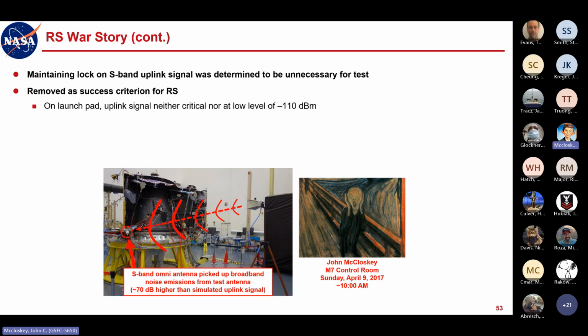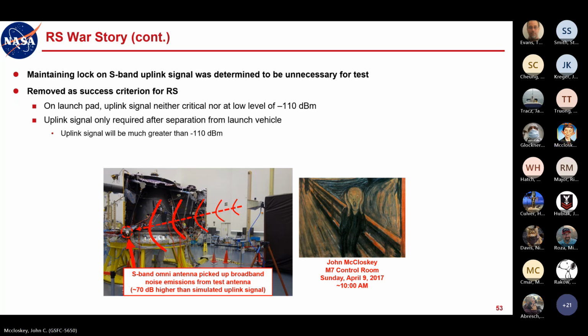Because on the launch pad, the uplink signal is neither critical nor at such a low level of minus 110 dBm. That uplink signal is only required after we separate from the launch vehicle, and that uplink signal will be much greater than minus 110 dBm. And those 18 volt per meter levels from the launch site environment are no longer part of the electromagnetic environment.